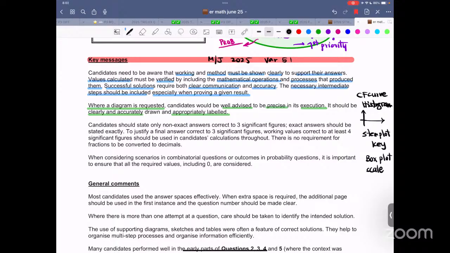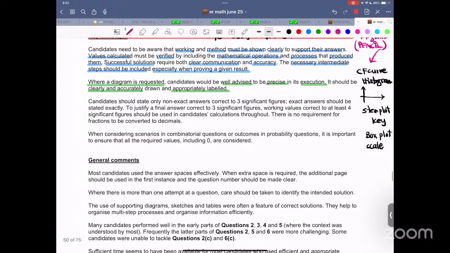And yes, it is well advised that all the diagrams should be drawn in pencil, because then you have a chance of erasing it without getting panicky and anxious. The examiner will even accept it in pen, but why take the risk? Now, something about accuracy, which I talked about earlier.